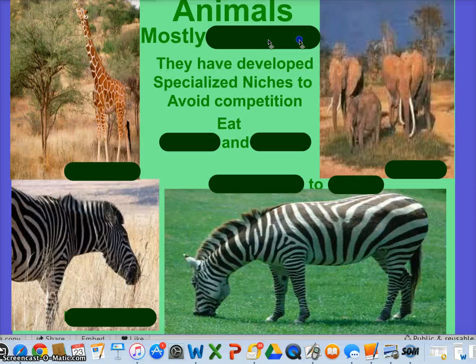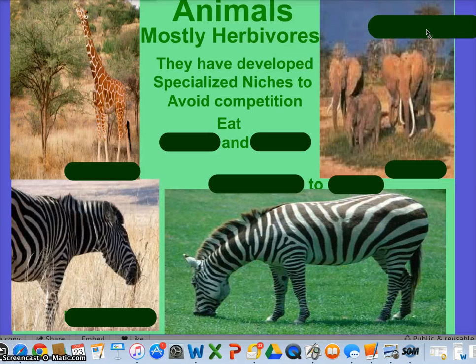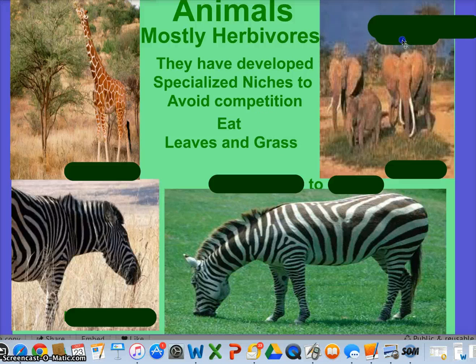Since grass is the most abundant, you have mostly herbivores. But because every food source is grass, and I think they did a really good job of describing this, there are special roles that each animal has, like times of feeding and types of feeding, so that they avoid competition. So some eat leaves, and then some eat grass. But even then, it's divided.